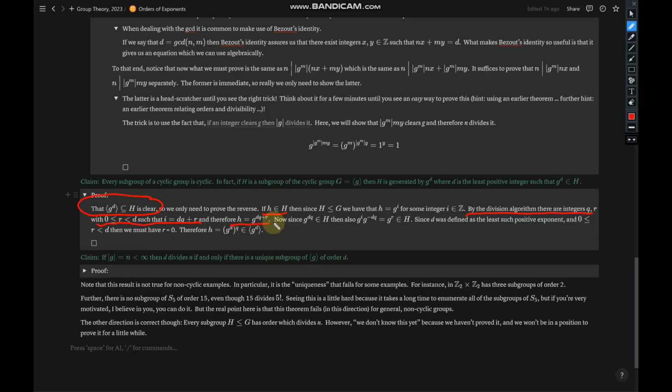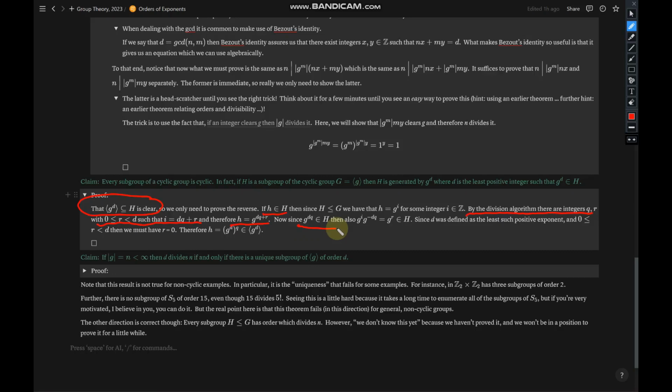What are we going to do with that? Well, certainly the part that is about g to the d seems like it must be relevant. What do we know about that? Since g to the d is in H, g to the dq is also in H by a fairly simple exercise with exponent laws.